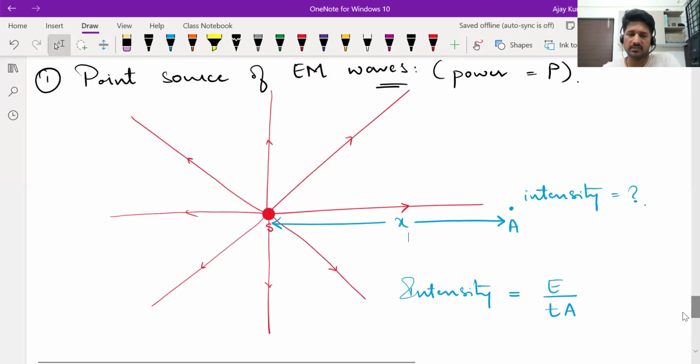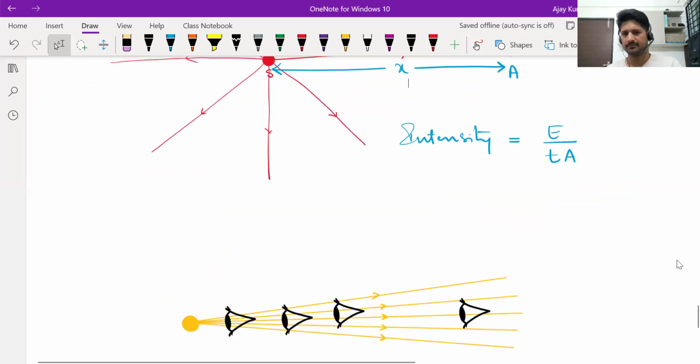We need to know how much energy is incident per unit area per unit time. But you are asked intensity at a point, not an area. What will you do? Okay, listen.